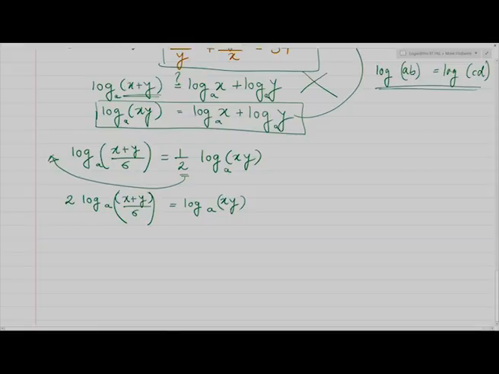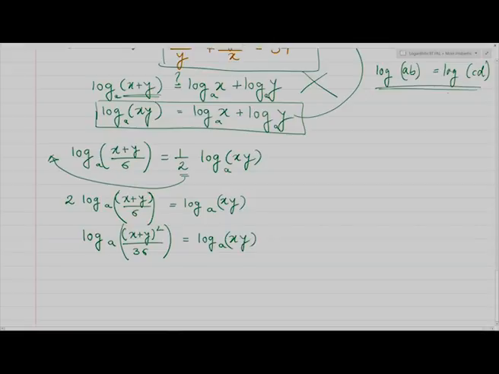So, what does that mean? This means log to the base a of (x plus y) the whole square upon 6 square, which will be 36, is equal to log to the base a of xy.